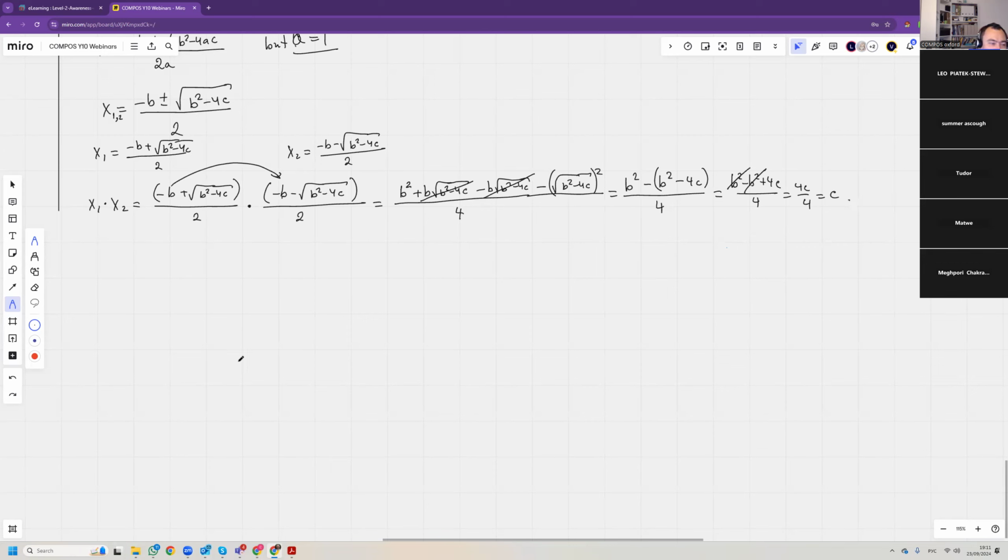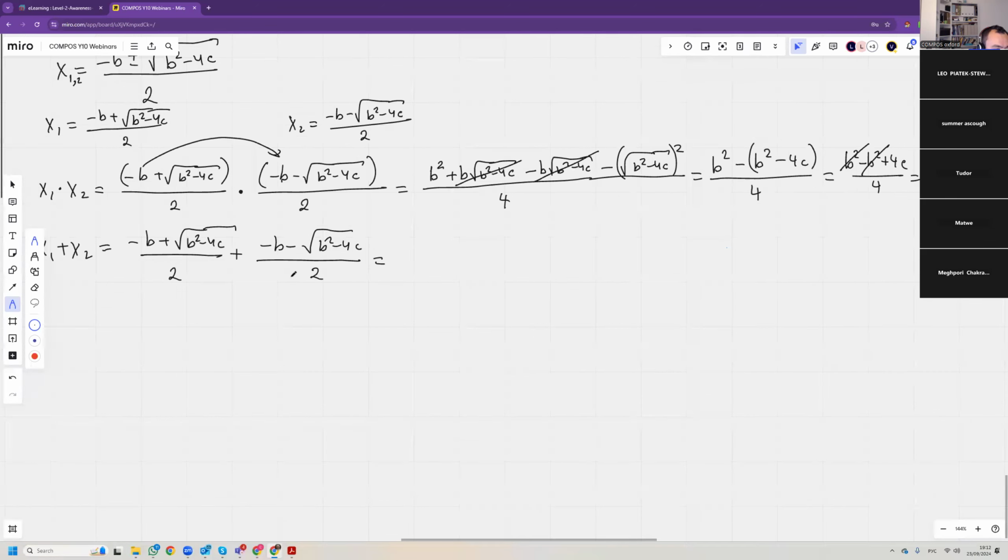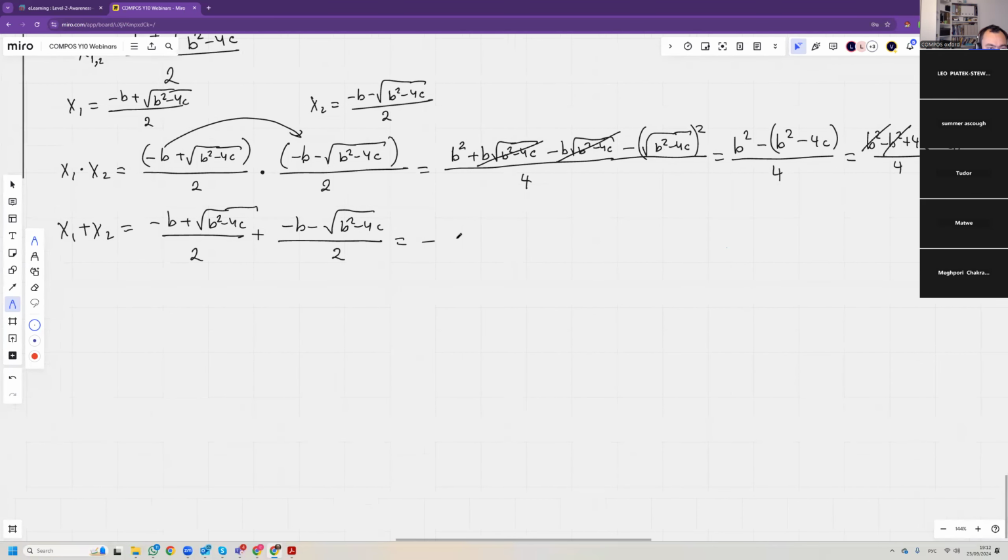And x1 plus x2 in a similar way: (minus b plus the square root of b squared minus 4c) over 2, plus (minus b minus the square root of b squared minus 4c) over 2. If you add them up, they have the same denominator, 2. So it's minus b plus root b squared minus 4c, minus b minus the square root of b squared minus 4c.